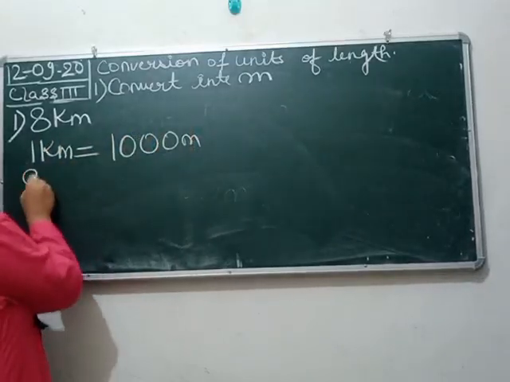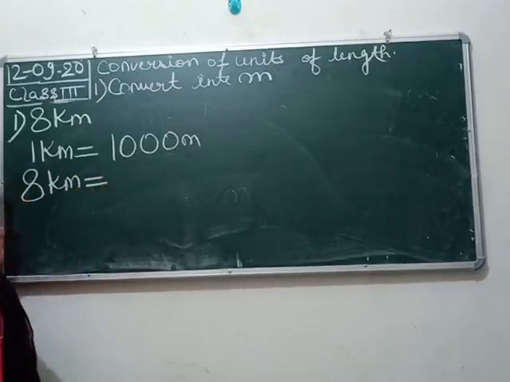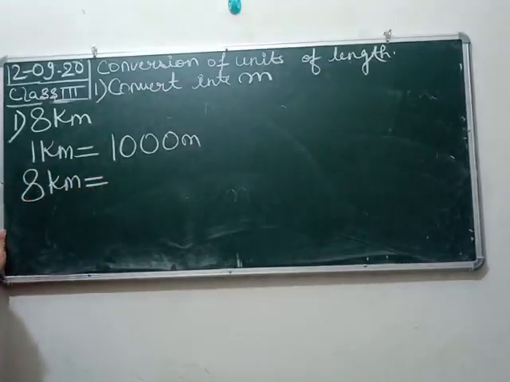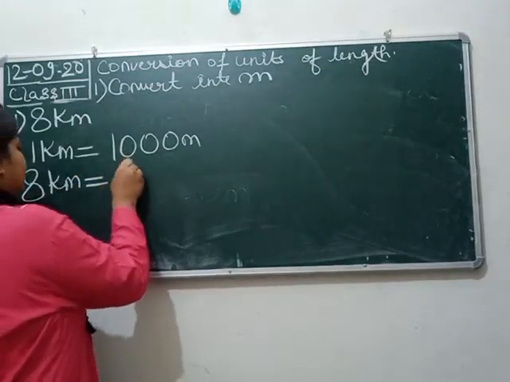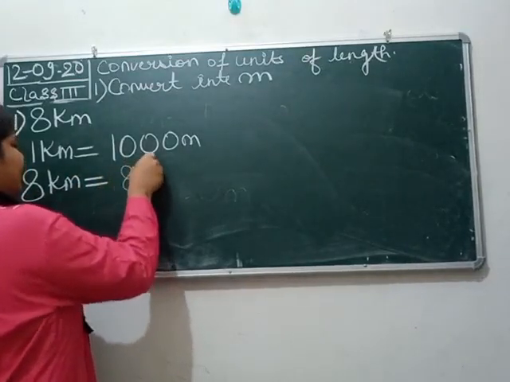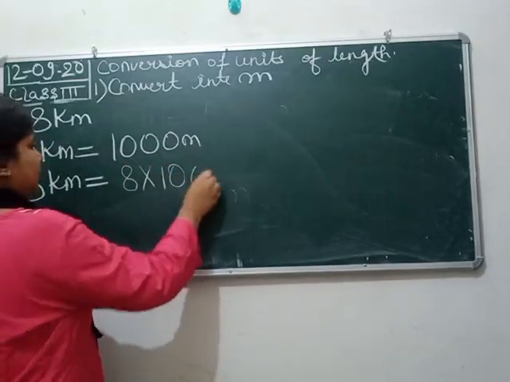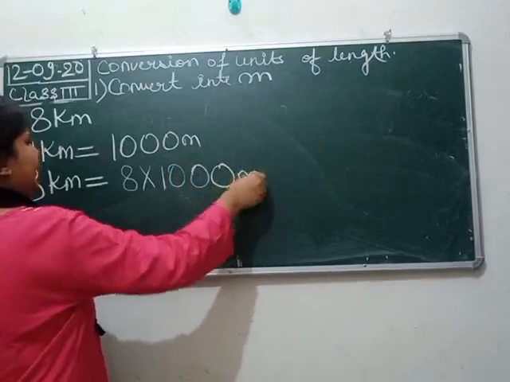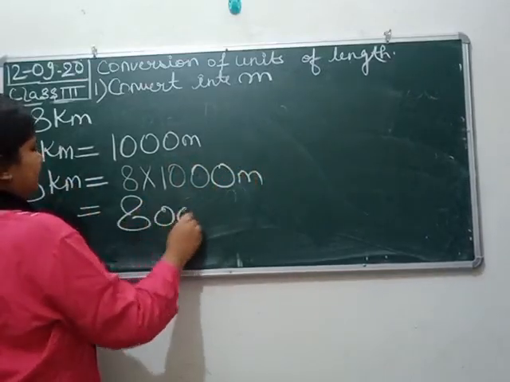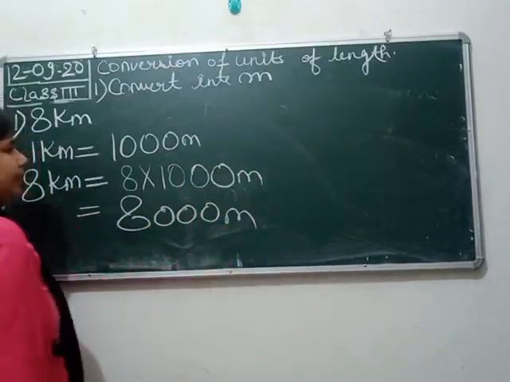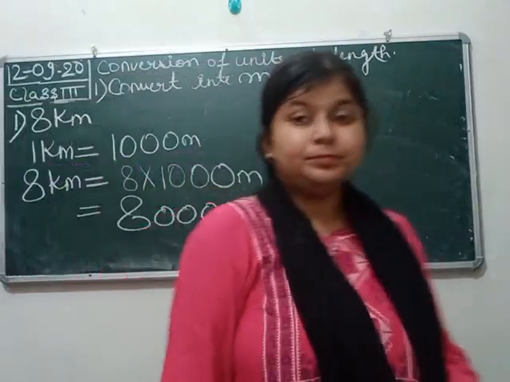Now 8 kilometer equals to 8 into 1000 meter, and our answer will be 8000 meter.